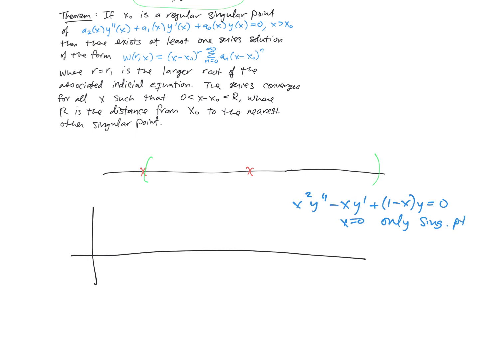And so that actually tells us, maybe we should extend it out further, that the singular point was here, and there's no other singular point, so actually the radius of convergence would be infinity, right? Because you're not going to run into trouble anywhere else.